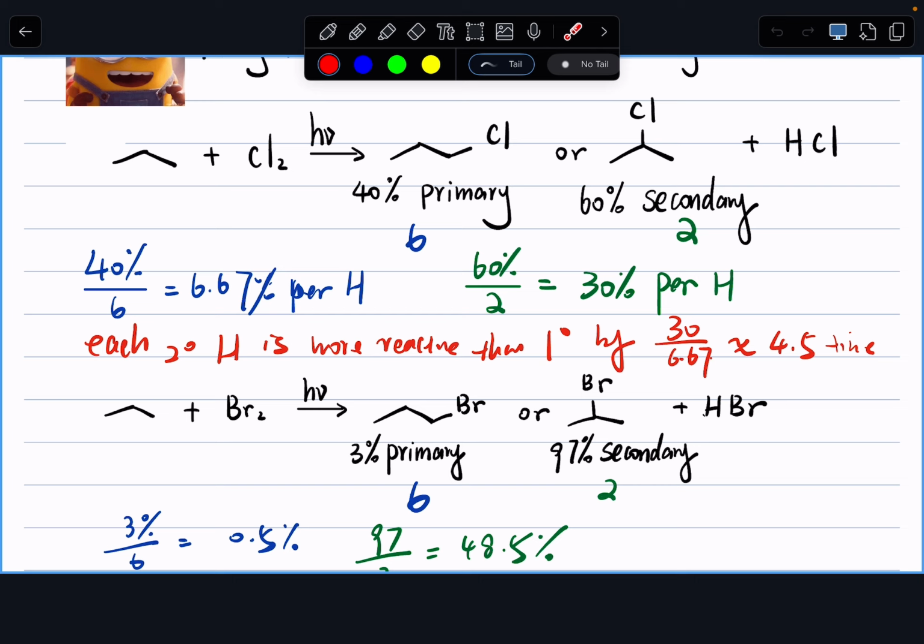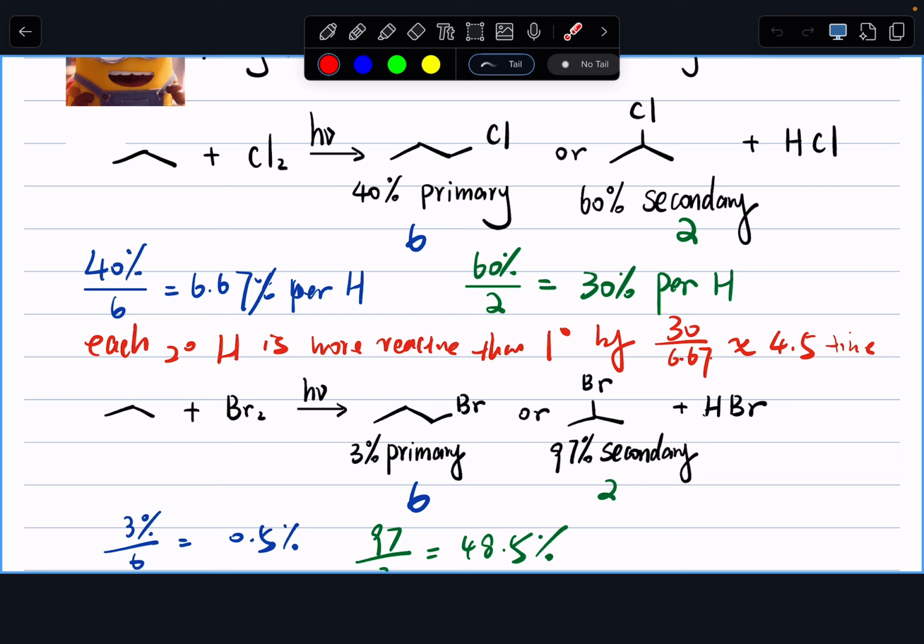We went over 2 different factors, one being statistics, right? So how many primary versus secondary CH groups are there ready to be abstracted, or thermodynamics, or the relative stability of the carbon center radical that's being generated.